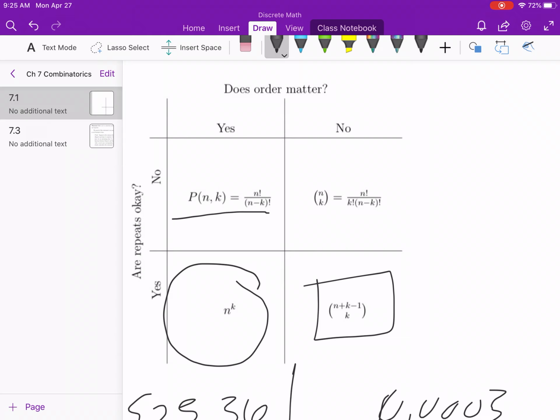Let's say I've got 5 cards, and I want to think about how many hands I could draw that are, let's say, 4 of a kind. So how would I go about thinking through this problem?